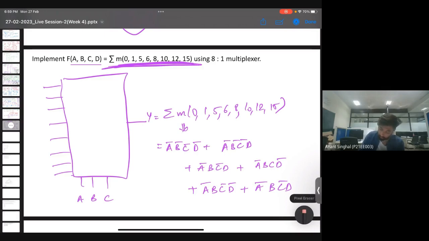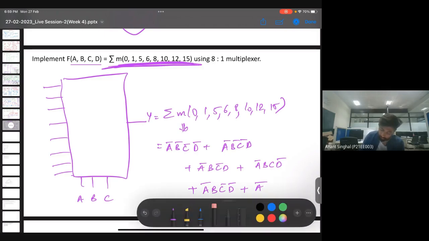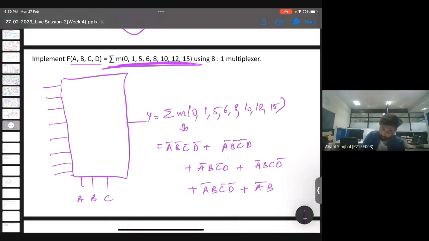Okay, so I have written 10 wrong. 8 plus 0, 0, 0. What is wrong here? Okay, this is not it. So even 8 is 1, 0, 0, 0.